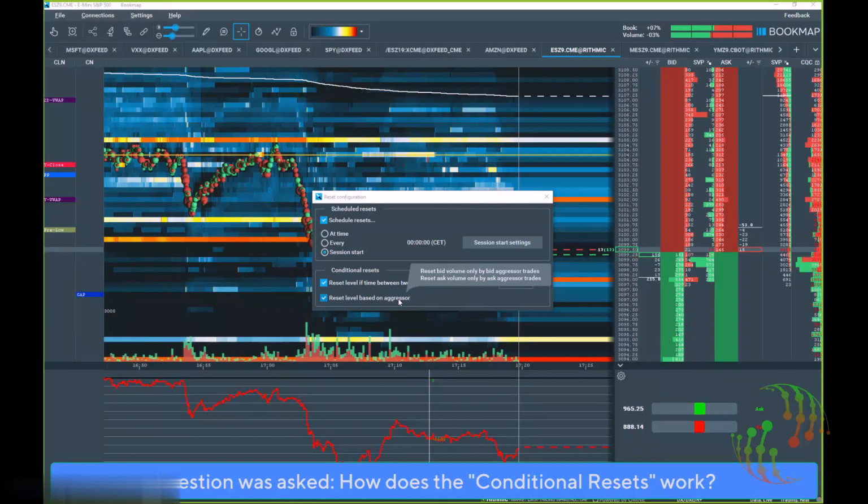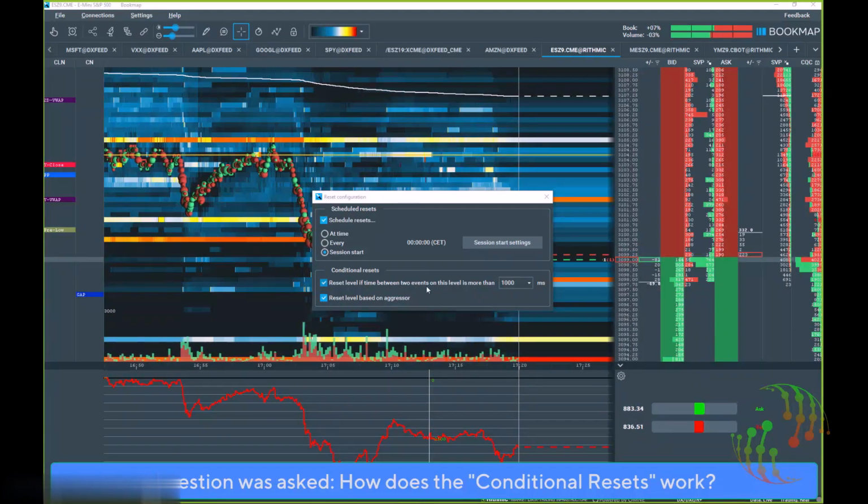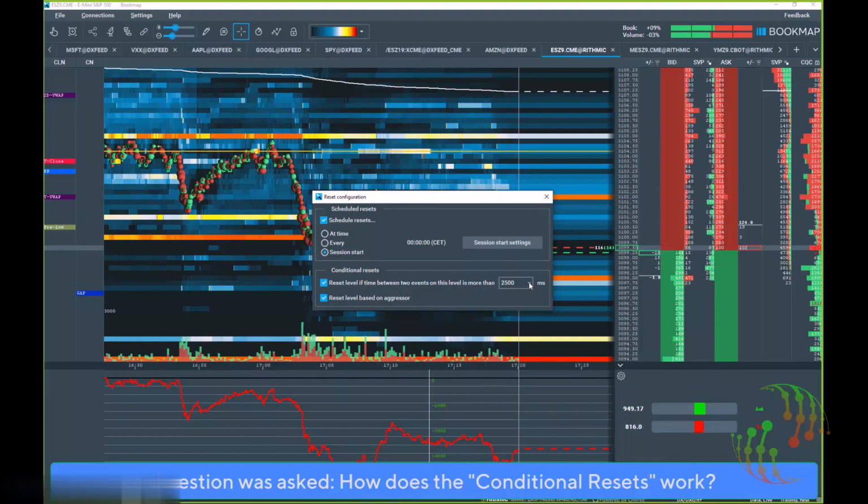Then this is one condition. The second condition is reset time level: if the time between two consequent events, two following events on this level, is more than 1000 milliseconds.